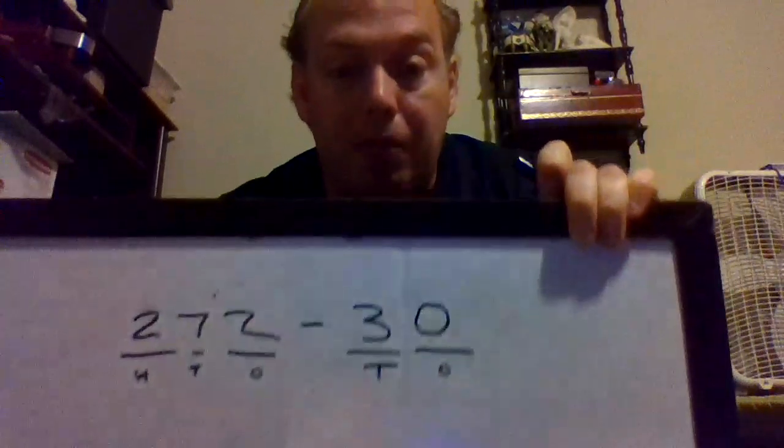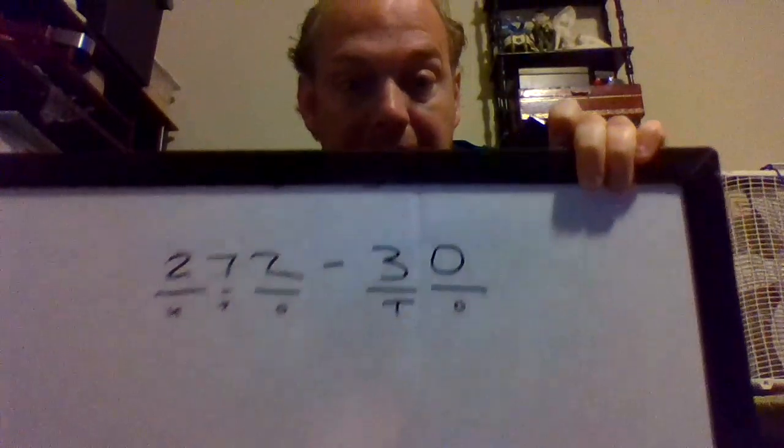So we label the 3 is in the tens and the 0 is in the ones. Like so. The 3 is in the tens and the 0 is in the ones. Meaning we have 3 tens and no ones.